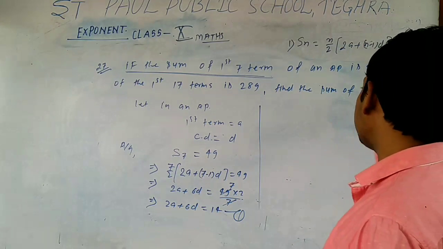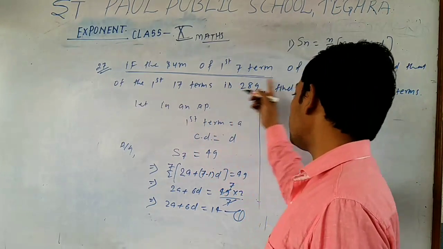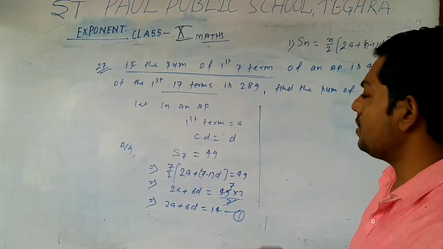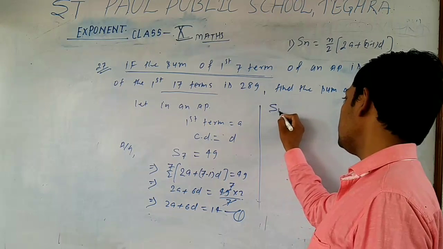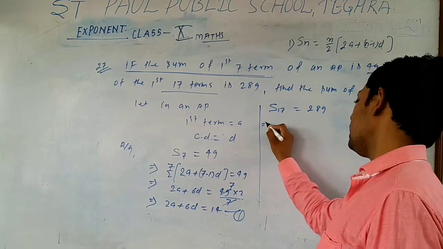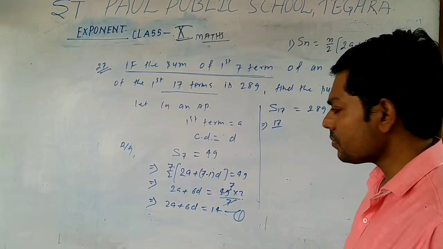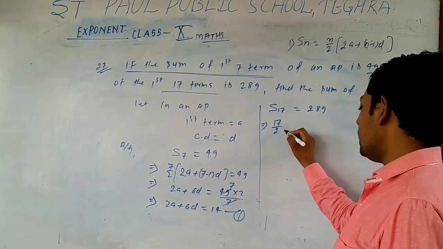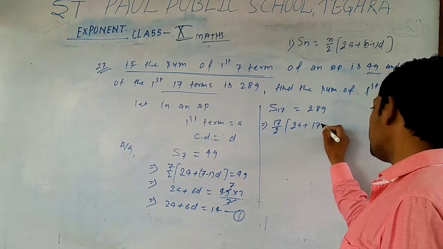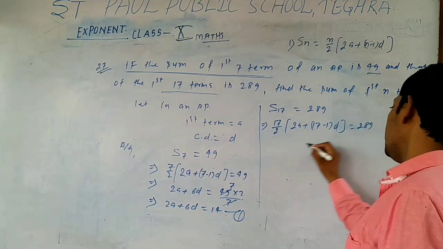Say equation 1. In another part of the question, the sum of the first 17 terms is 289, that is n by 2. In place of n we have 17, that is 17 by 2, times 2a plus n minus 1, that is 17 minus 1, into common difference, equal to 289.